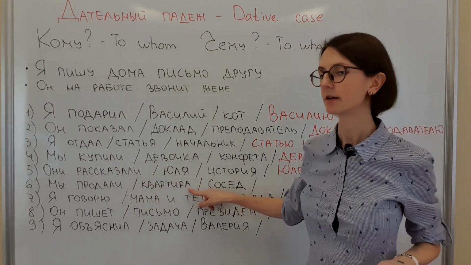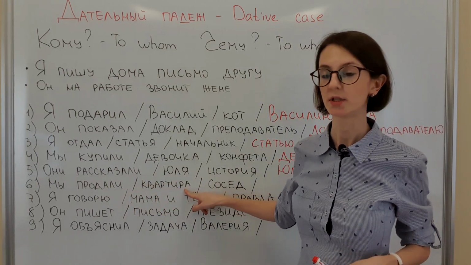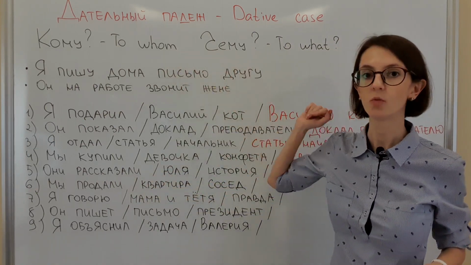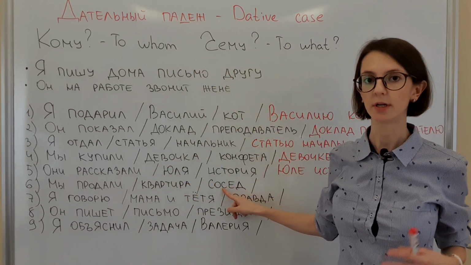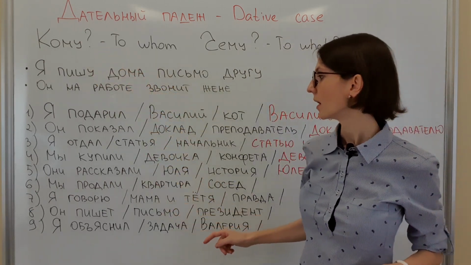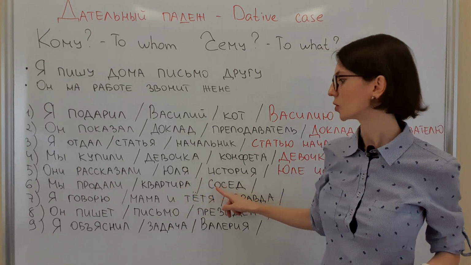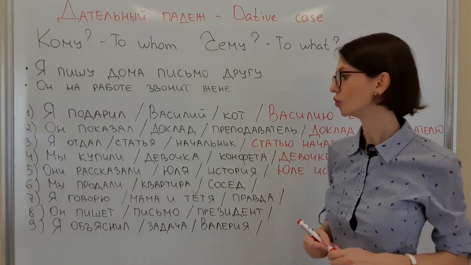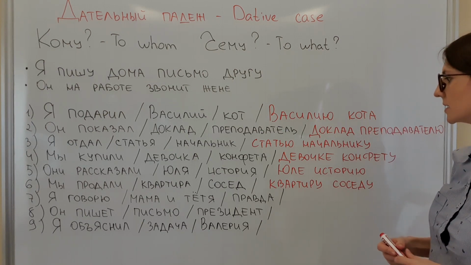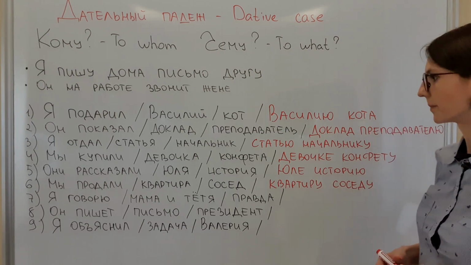Мы продали квартиру, accusative case. Мы продали квартиру кому или чему? Сосед, neighbor, it's a living object. So we ask the question кому? Мы продали квартиру кому? Соседу. Мы продали квартиру соседу. Хорошо.